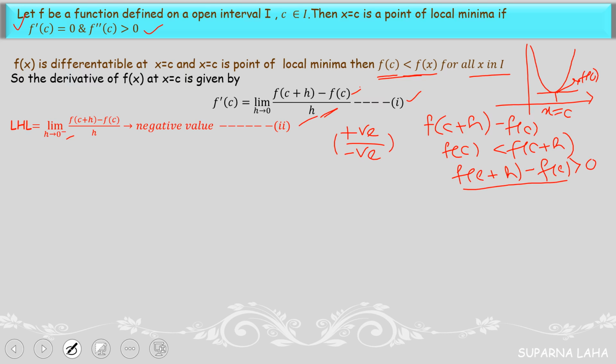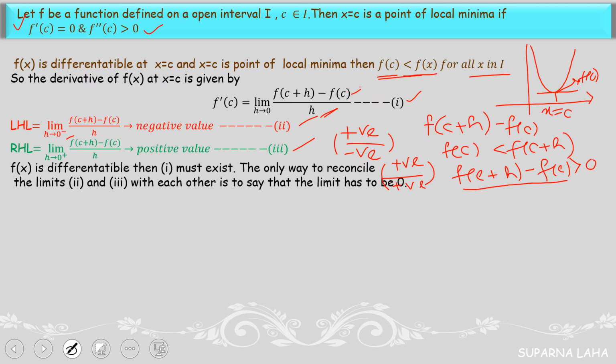And for the right hand limit, f of c plus h minus f of c upon h, the numerator is positive and h is also positive, so ultimately it will give us a positive value. Now the left hand limit is negative and the right hand limit is positive. If these two are equal, then they have to be equal to 0.